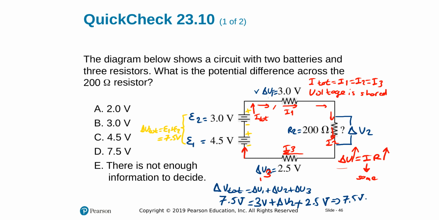7.5 volt equals 5.5 volt plus delta V2. Okay, I've run out of place here.